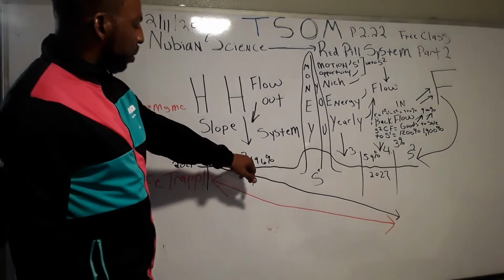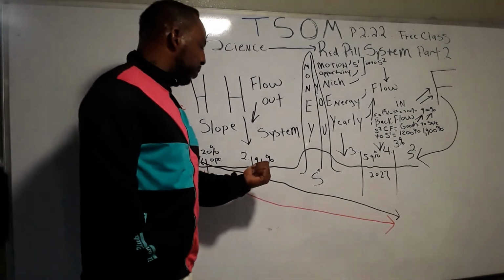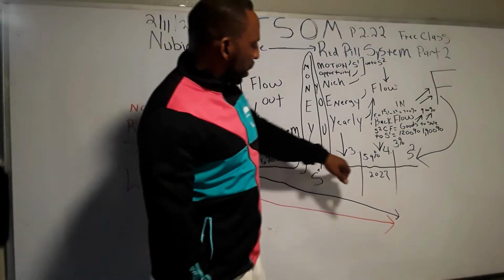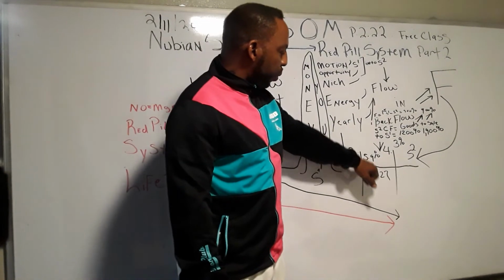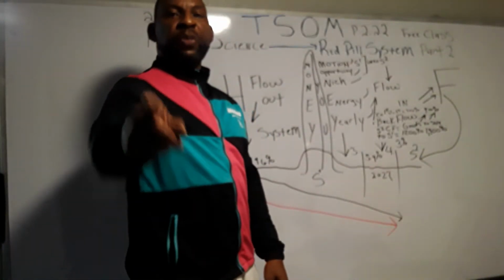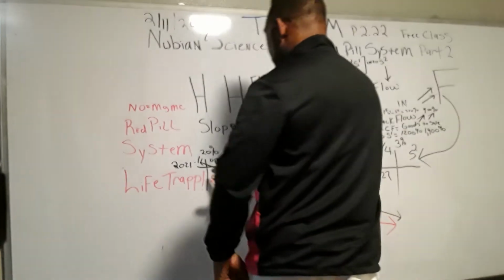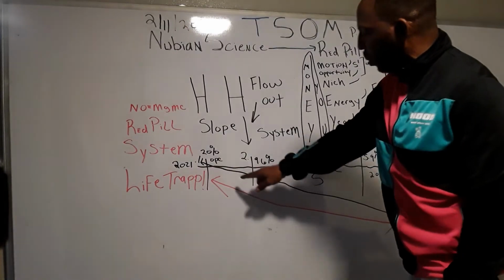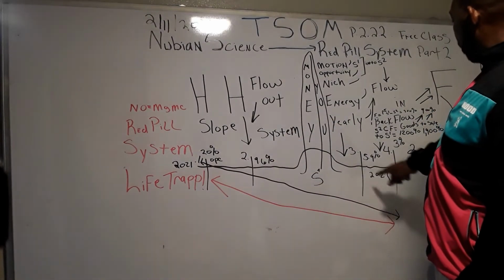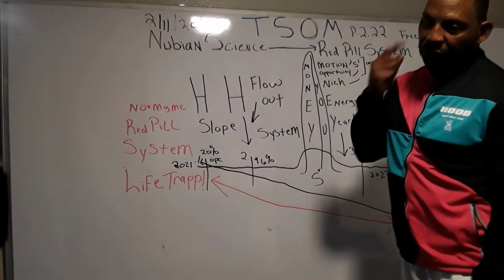By the next quarter, they're at 9.6% already on the slope. By the third quarter, they're at 5.9, and by the fourth, the game is over with, 3%. So what that means is, at the end of the year on the red pill system, you, S1, basically start all over again with the same process.